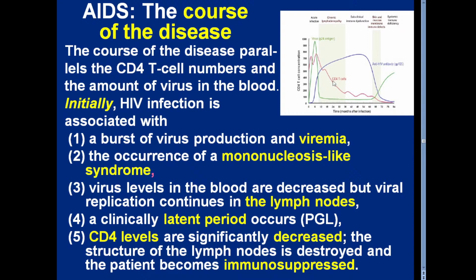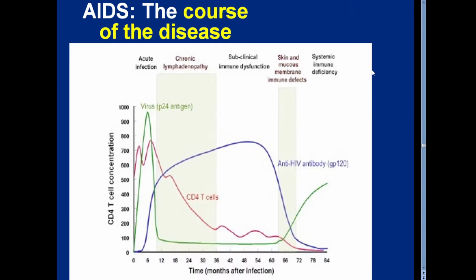The level of CD4 T cells significantly decreases. The structure of lymph nodes is destroyed and patients sooner or later become immunosuppressed. On this you can see the first viremia and a decreased number of viruses, but the viruses survive.